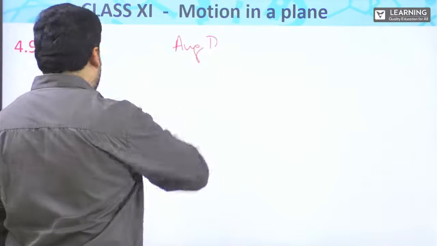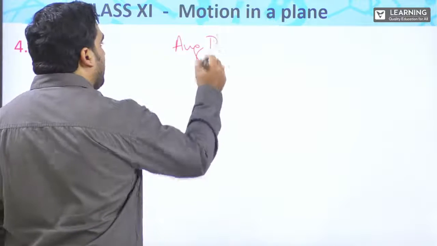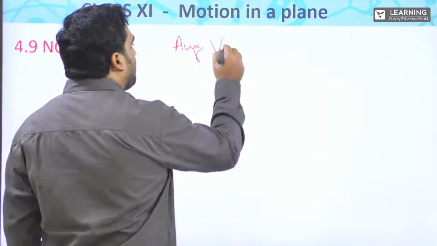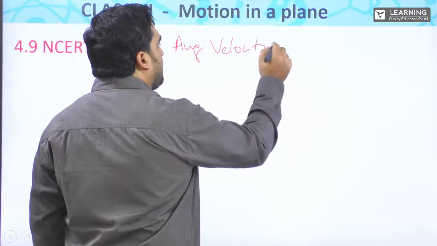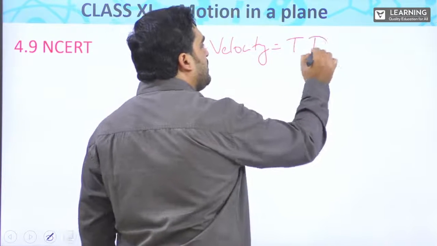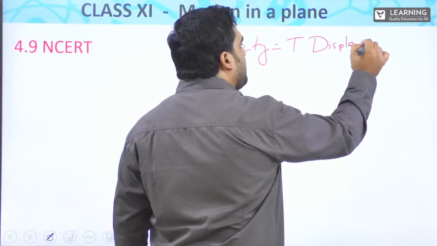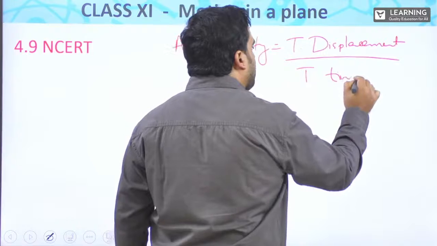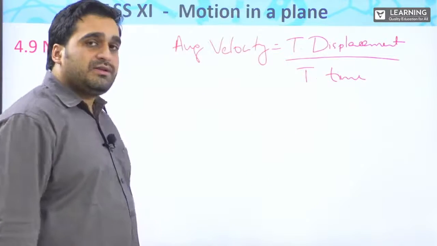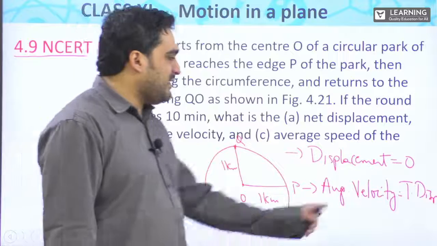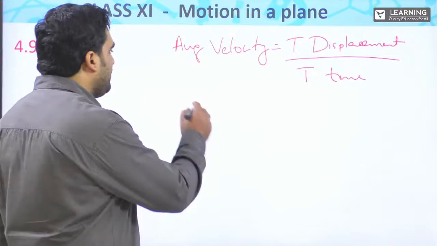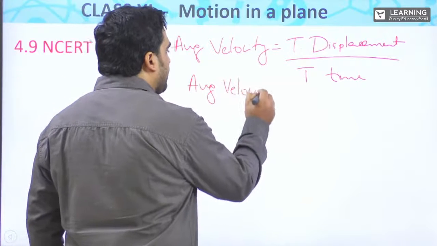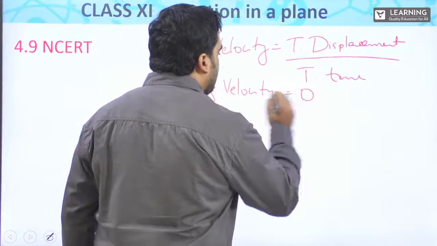Average velocity is total displacement by total time taken. And what is the total displacement? That's right, it is 0. If the total displacement is 0, then average velocity will be equal to 0.